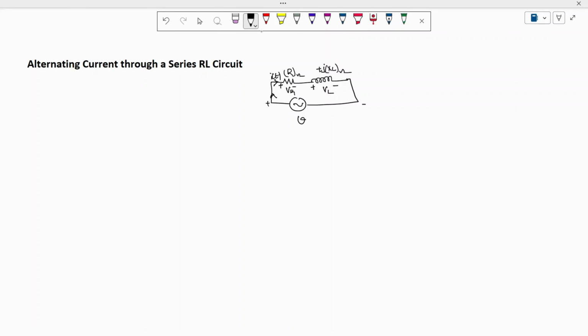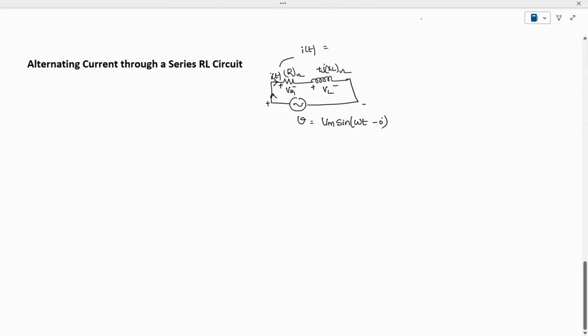Okay, this instantaneous voltage is represented as Vmax sine of omega t minus 0 degrees. So this current we want to write down. Current i(t) we can write down as Imax sine of omega t minus phi. Okay, this is how to write it down.